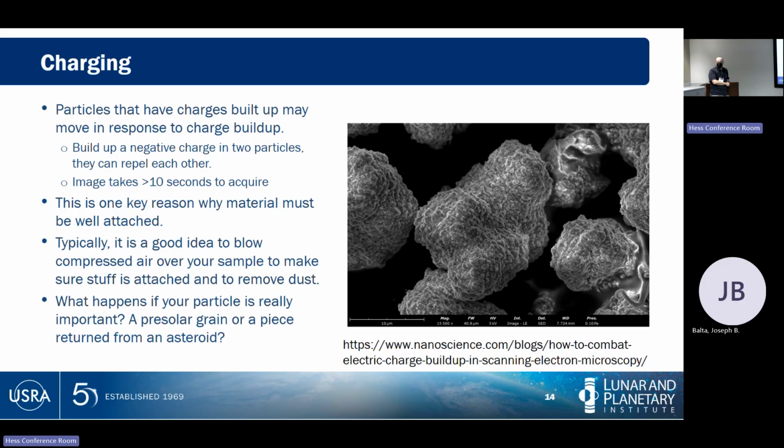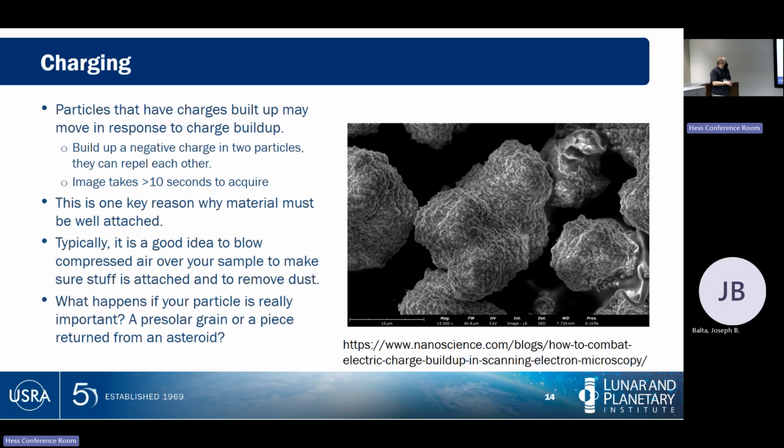An image over an area can take, on ours, the most common image duration is 30 seconds to acquire. So let's say I have two pieces of material sitting there. They begin charging. During the 30 seconds that I'm scanning to take a photo, they push themselves apart and one of them moves. Now my photo's ruined because the material has moved mid-analysis.